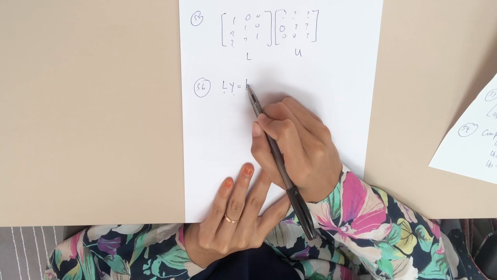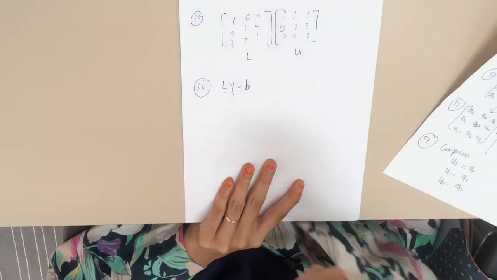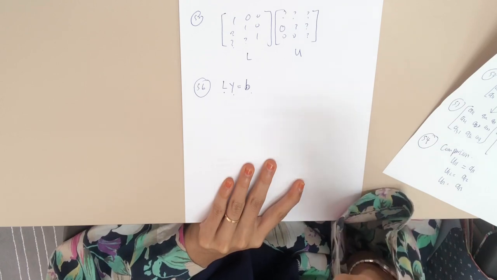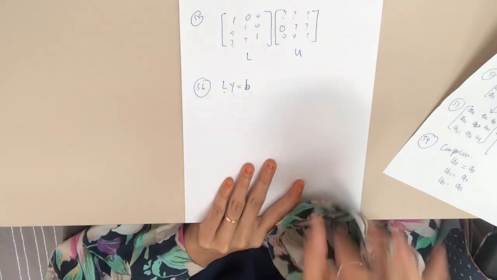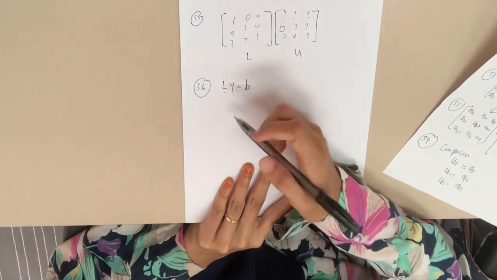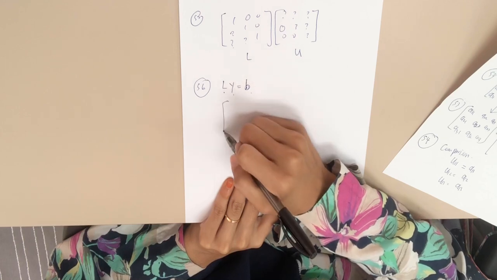Still remember where we can get B? We can get it from the answer in the matrix, like an augmented matrix, A, B. So B is the solution, same thing. So our objective at this stage, it will become like this.